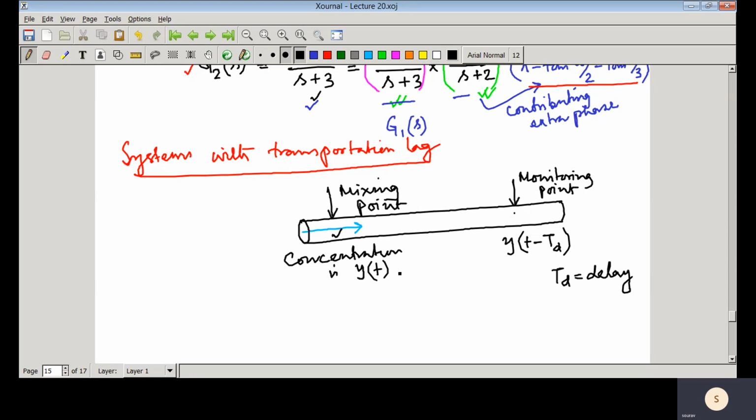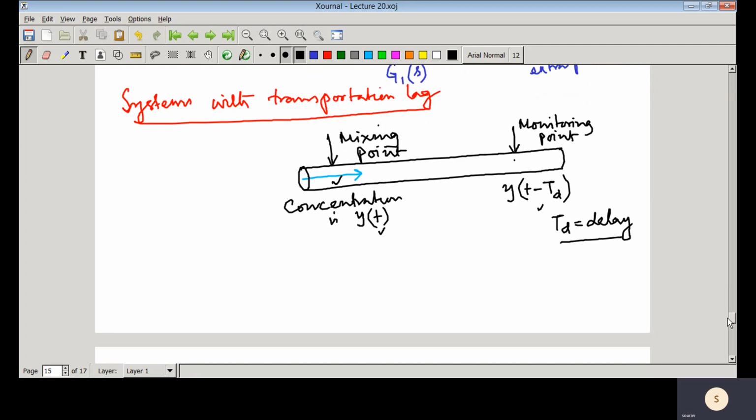Because of the distance, the time when you are mixing the dye at time t and when you are monitoring that, the concentration would be y(t - Td). That means there would be a delay. This particular delay is called the transportation lag, and this delay occurs because of the transportation through that pipe.